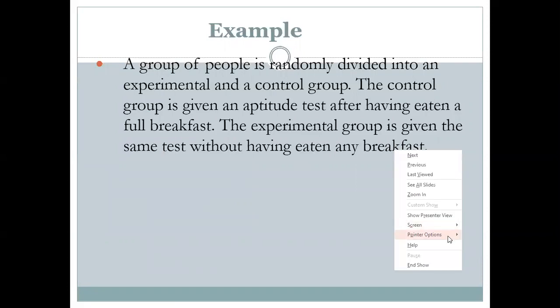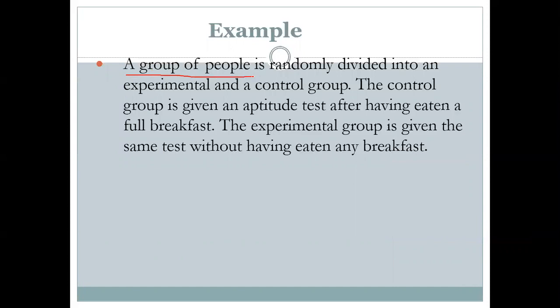So in this question, it says that a group of people is randomly divided into an experimental group and the other one is the control group.